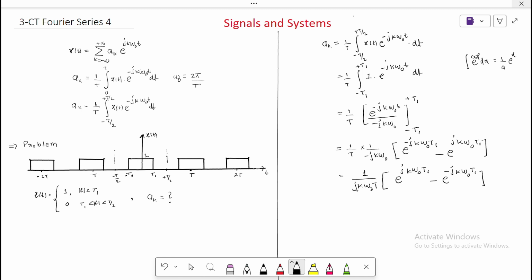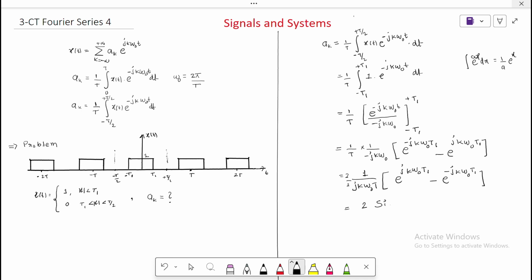Since we already have j here, I multiply and divide by 2, so 2 times e power j theta minus e power minus j theta by 2j goes to the sine function.